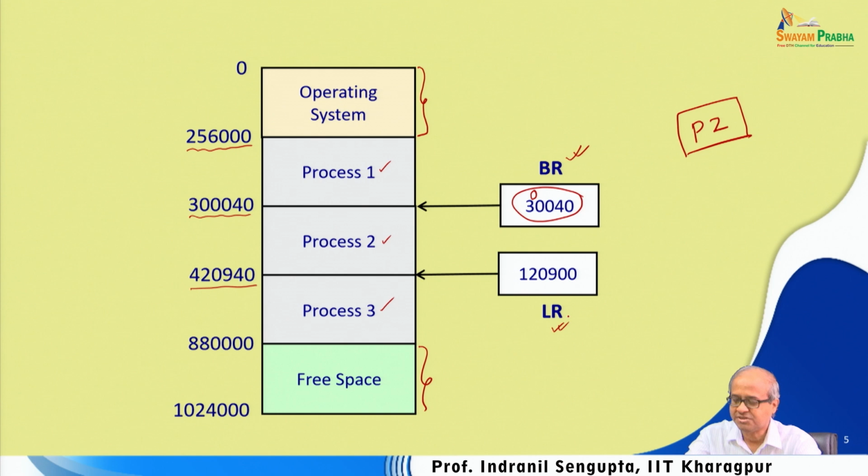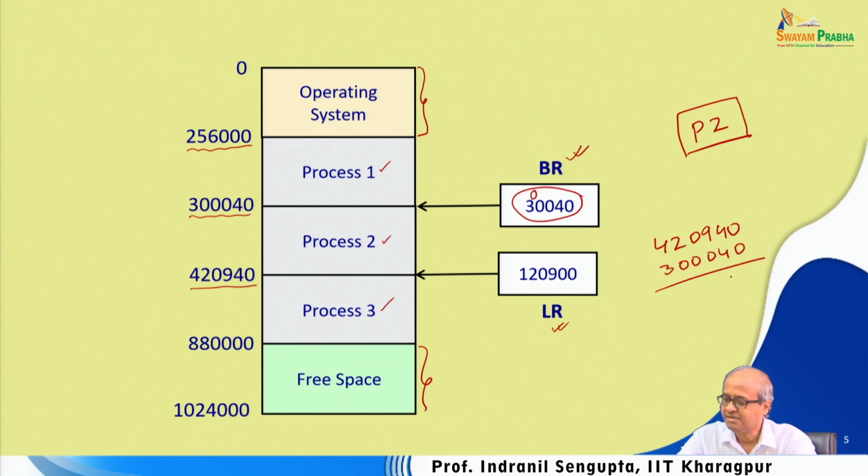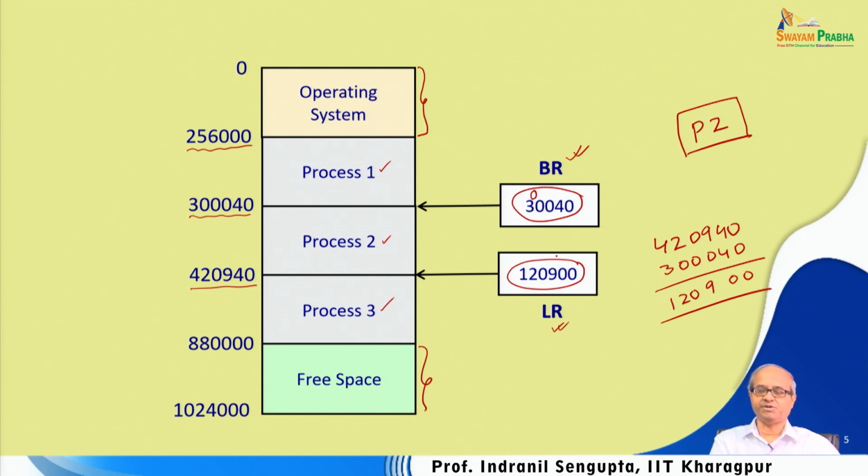See here, process 3 starts from 420940, process 2 starts from 300040. So, if you subtract, it becomes 120900. This is the size of P2. So, LR will be loaded with the number of bytes in process P2. So, the operating system will load these registers before it transfers control to process 2 for execution.